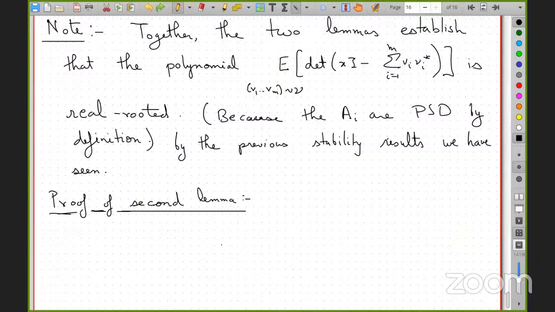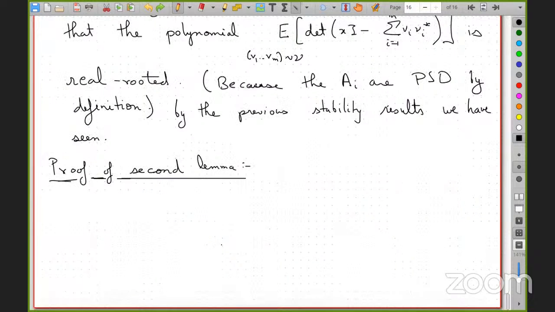So we can just prove it more or less directly, or apply Borcea-Brändén's theorem and so on. But let's try to just prove it directly. Okay, so how will we do this?